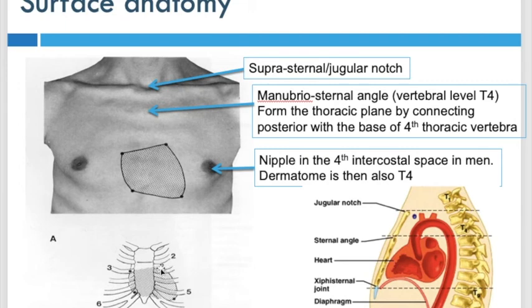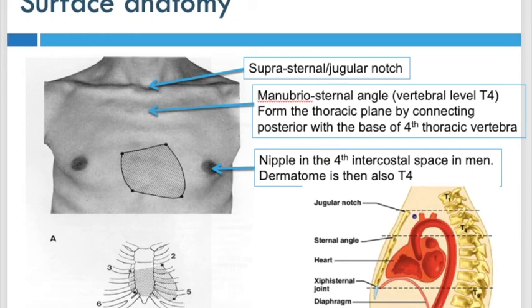So these markers all have a horizontal and a vertical surface marking. It's almost like a GPS. So if we look at this point here, we can say it is right parasternal, so next to the sternum, in a vertical line, and it's on the third costal cartilage in a horizontal line.